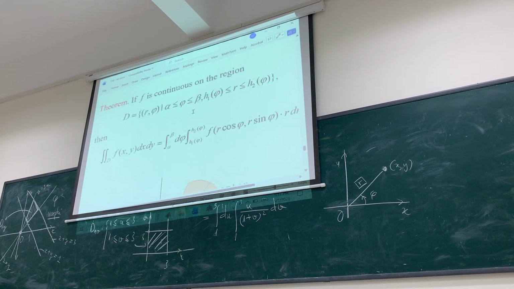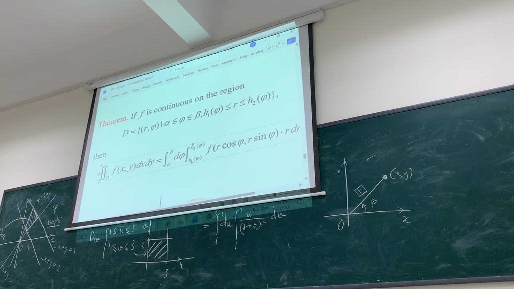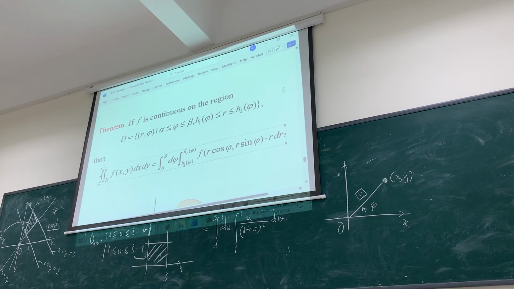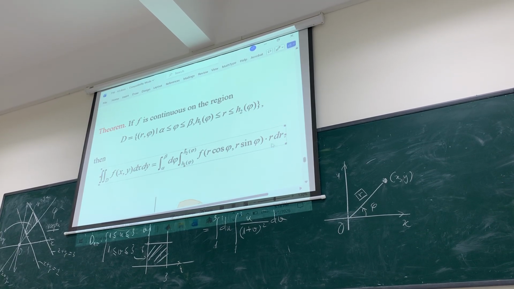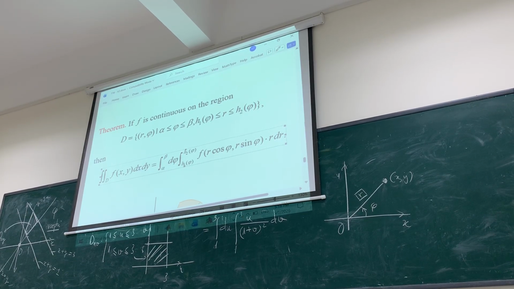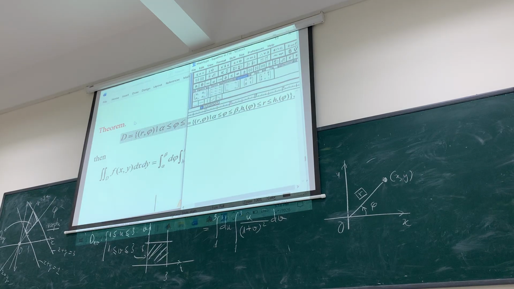Then we have the formula related to polar coordinates. dx dy is replaced by r dr dphi.